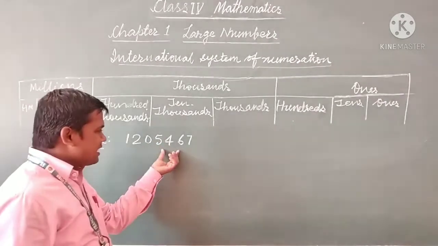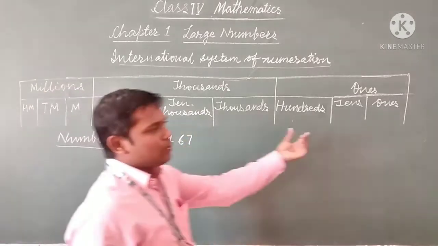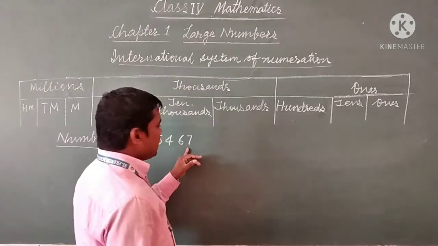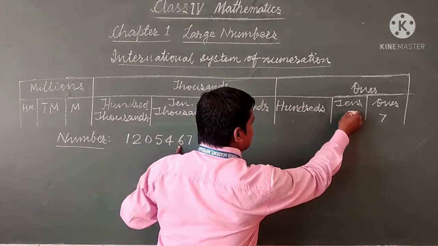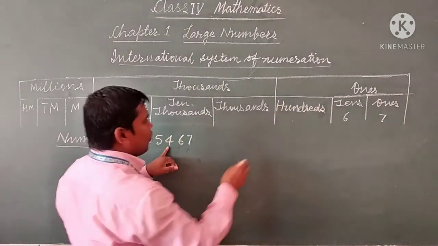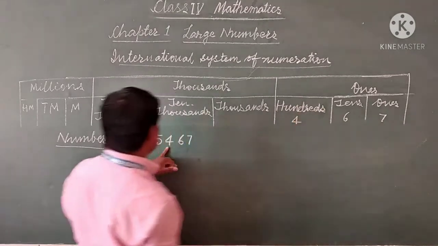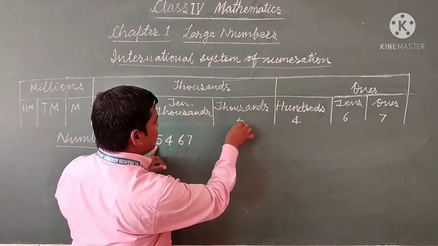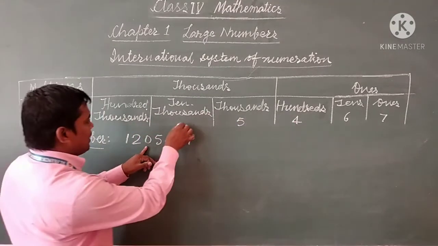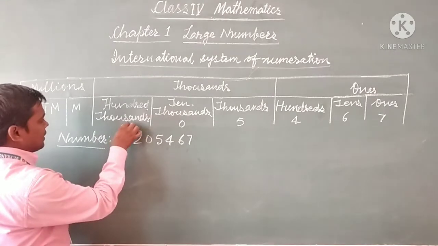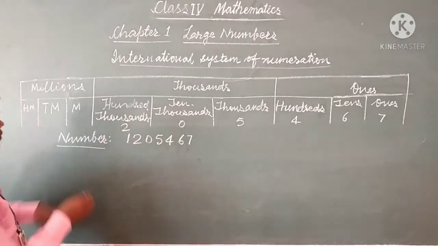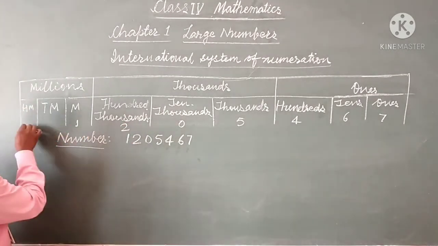So I will place each digit according to the place value chart. 7 is at the 1's place, 6 at the 10's place, 4 at the 100's place, 5 at the 1000's place, 0 at the 10,000 place, 2 at the 100,000 place, and 1 at the million place.